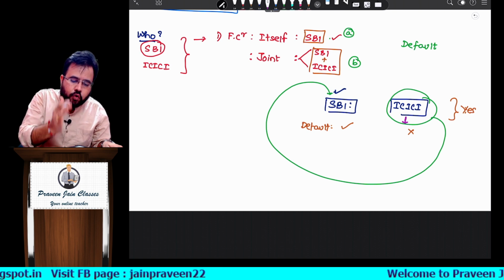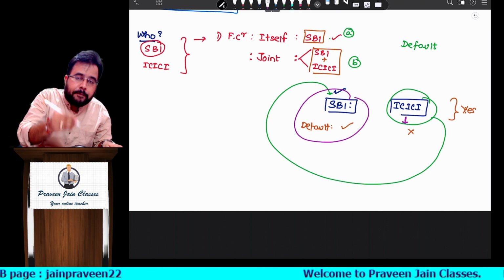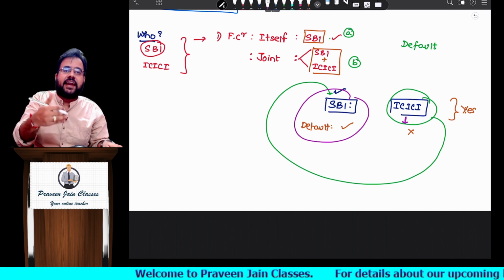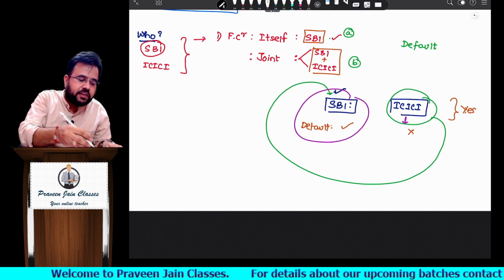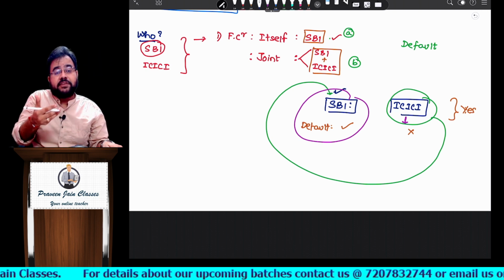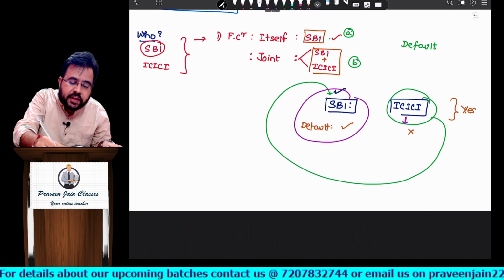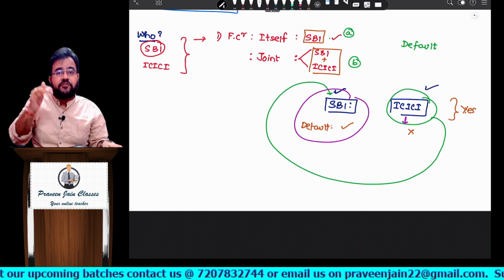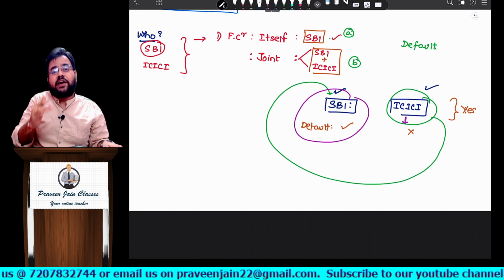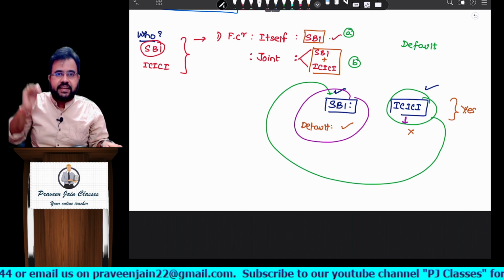So you may be wondering, sir, what is this? Sir, default has happened for SBI, the pain is to SBI. Sir, why is ICICI trying to file an application? The logic is very simple, sir. Today the default has happened for SBI, sir. Now, chances are bright that tomorrow the default can also be of ICICI Bank. Default can be of other financial creditors also. Hence, lawmakers said, sir, why should we take this matter to that extreme level, sir?